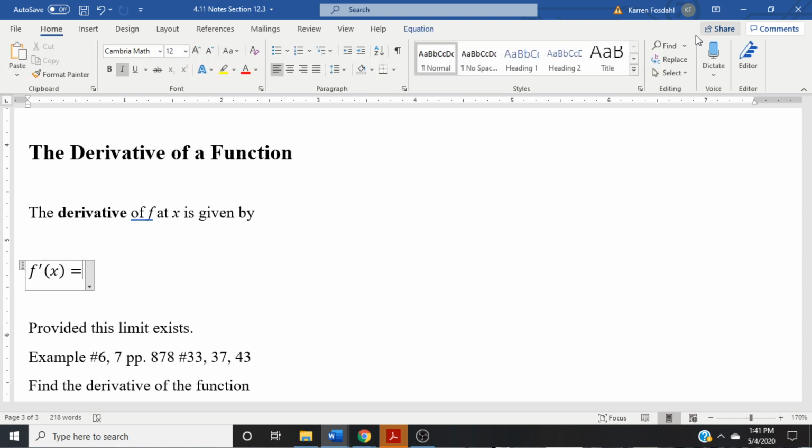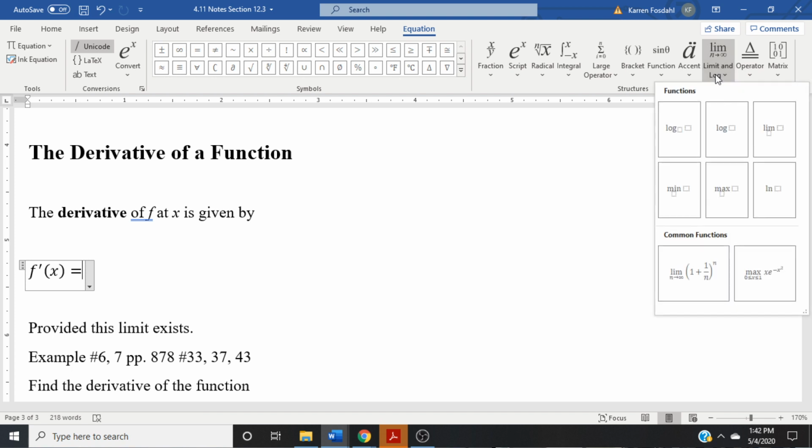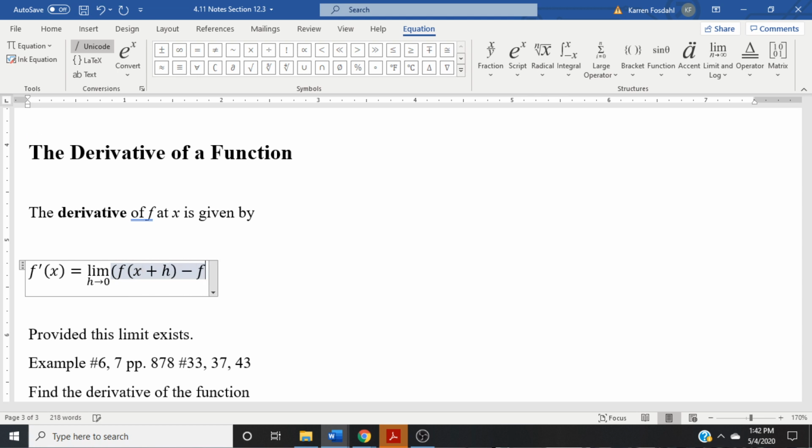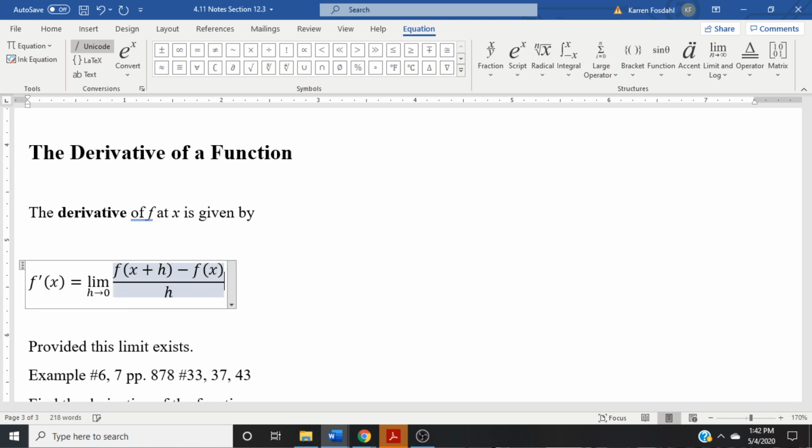So it reads f prime at x equals, and again, the derivative is literally the slope, the limit as h approaches 0 of f of x plus h minus f of x, divided by h. And that formula that we've written 3 times is crucial.